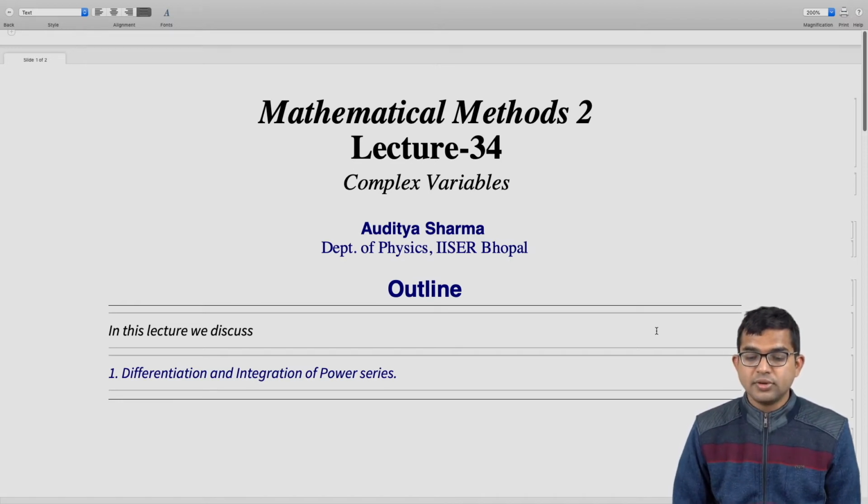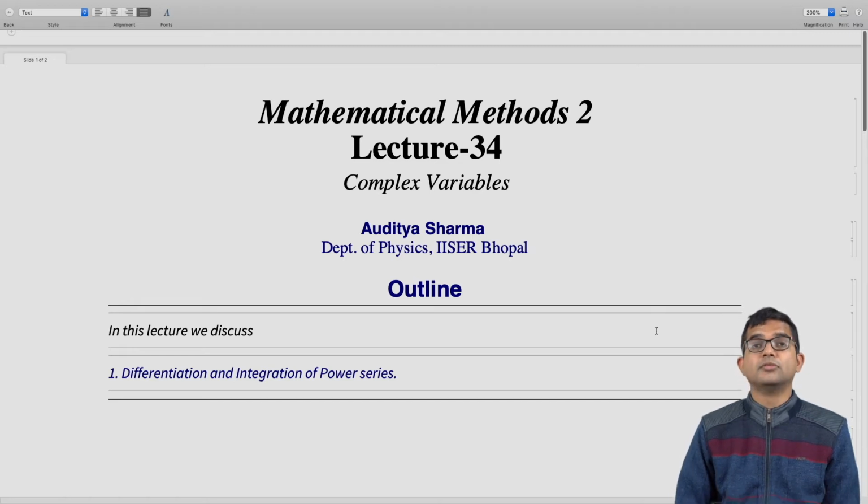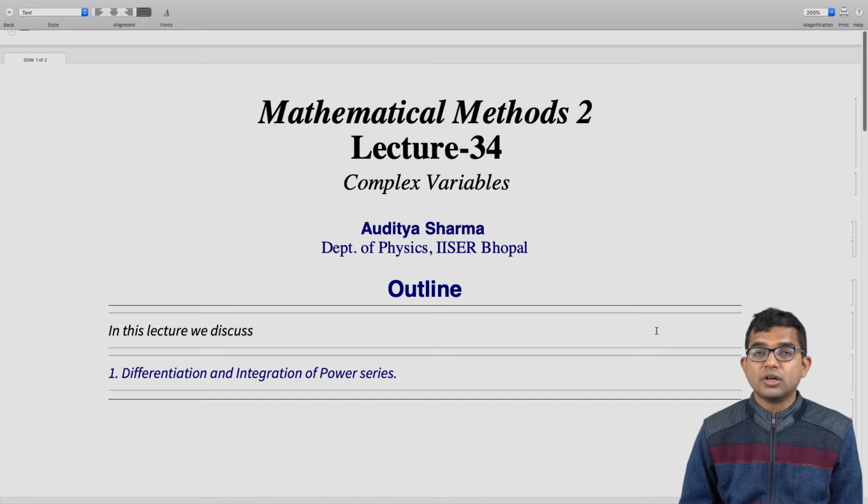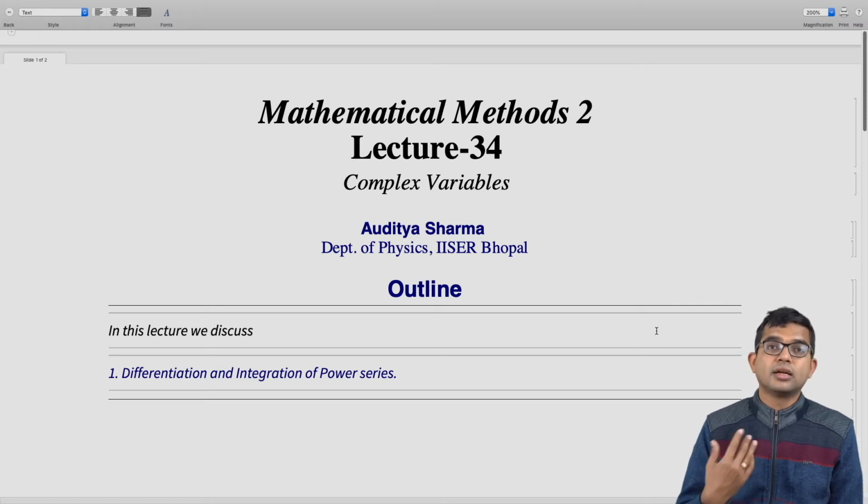So in this lecture, we will see that whenever a series of this kind is convergent, in fact, we have seen already that there is uniform convergence. They are not only convergent, but they are actually uniformly convergent, which means that they represent functions which are continuous, and in fact, one can argue that they are analytic, and therefore you can take derivatives and you can do integrations of these functions represented by these series.